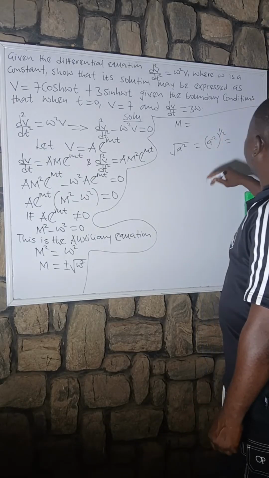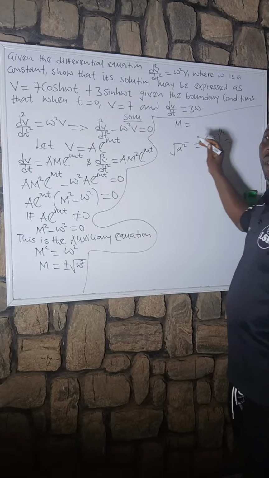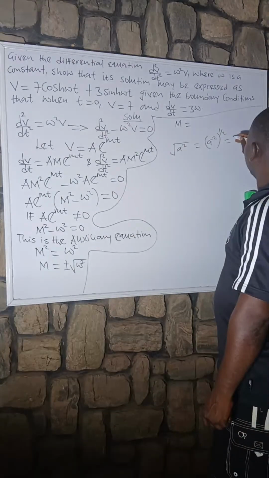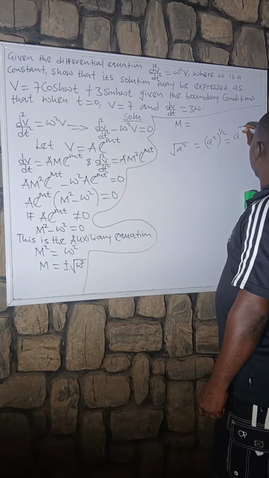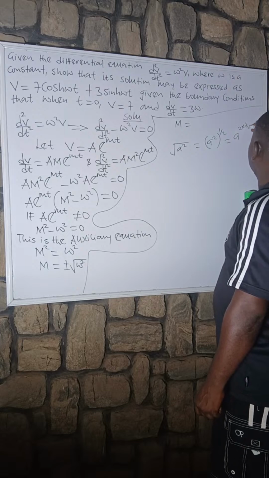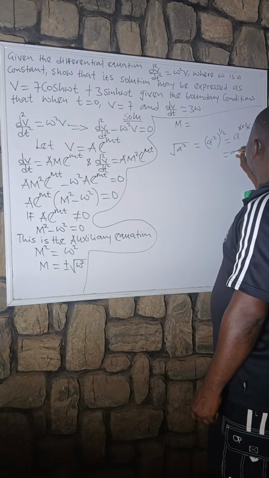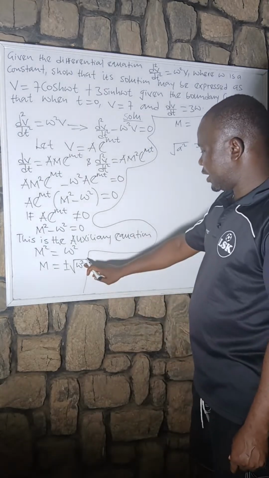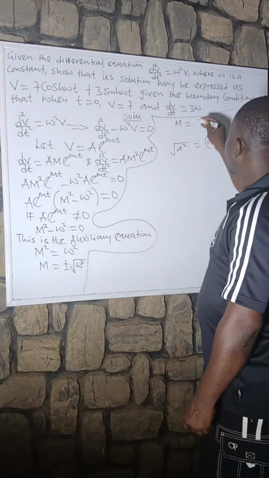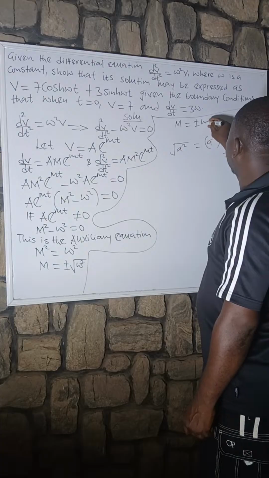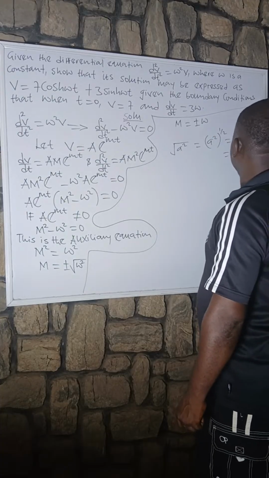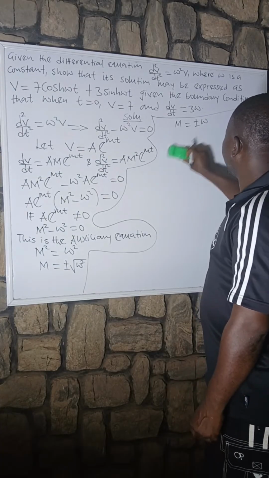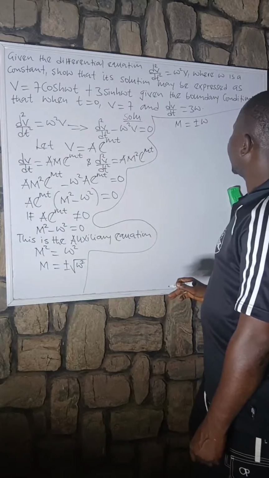So by the time you apply the power law, here will now be a raised to the power of 2 times 1 over 2. This and this will cancel, giving us a. The same thing will happen here, so here will now be plus or minus omega. Is that clear? Plus or minus omega.